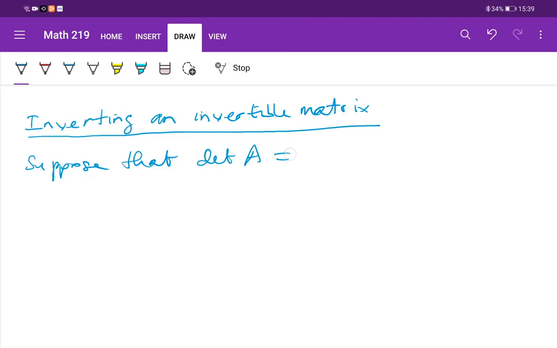Of course A is an n by n matrix. So how do we find A inverse? We know that A is invertible. How do we find its inverse?